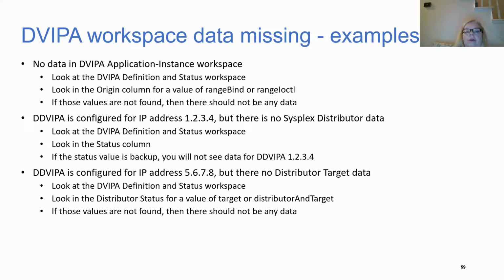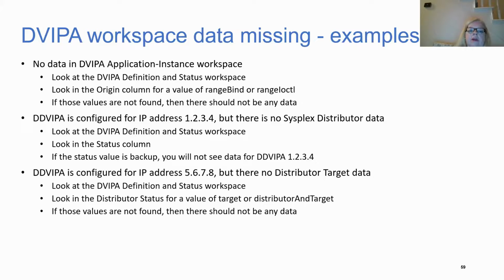Another scenario is you've configured a distributed Devipa for IP address 1.2.3.4, but you're not seeing any sysplex distributor data in the Tivoli Enterprise portal. So again, you're going to look at that Devipa definition and status workspace. That's your configuration and live runtime data for your Devipas and distributed Devipas.